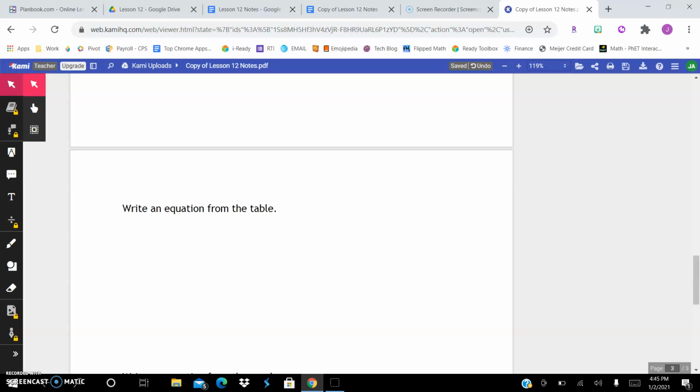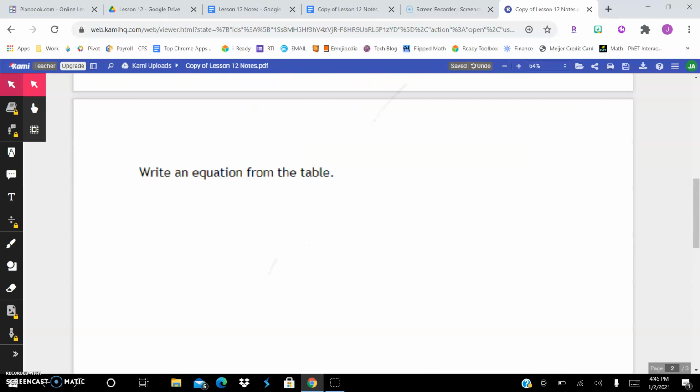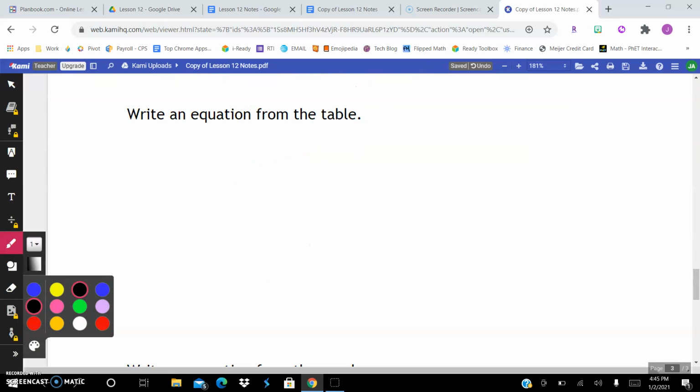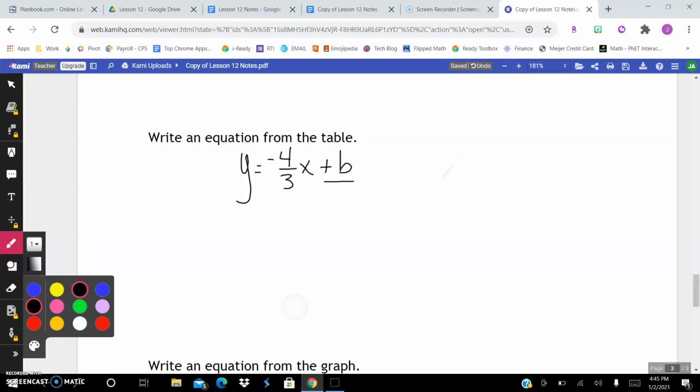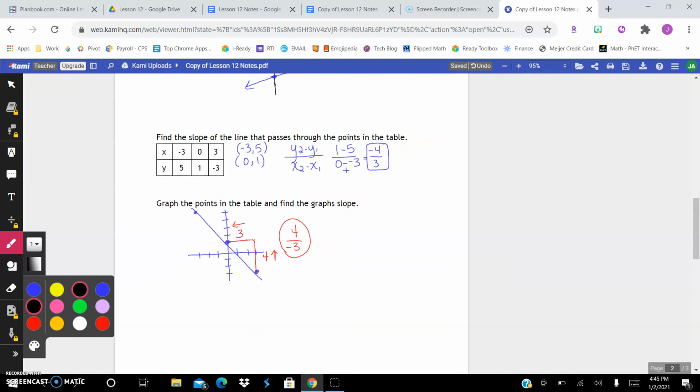Now we need to write an equation from the table. So we found out that the slope is -4/3. So far we know this much of our formula. So we're missing that b value, that y-intercept. So if we go back here and think about the y-intercept, we are looking for the point that crosses the y-axis.